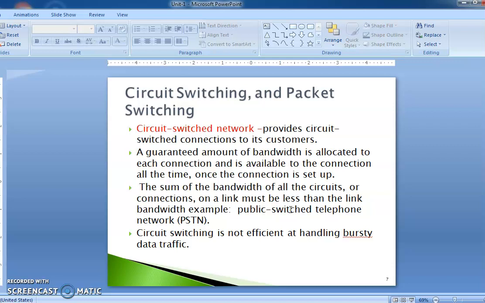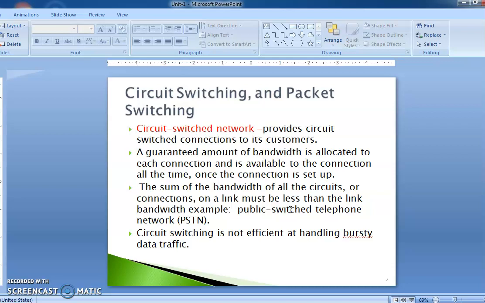Circuit switching and packet switching. A circuit switched network uses circuit switching. It provides circuit switched connections to its customers. A guaranteed amount of bandwidth is allocated to each connection and is available to the connection at all times once the connection is set up. So a predetermined amount of bandwidth will be allocated to each connection as soon as it is set up, and throughout that time, the bandwidth will be available to the users.